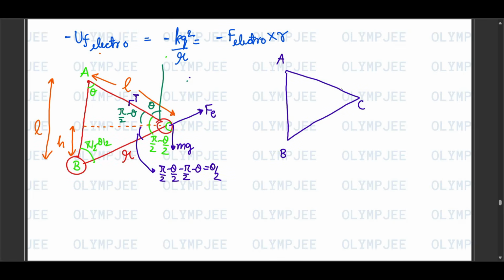Let me mark the things that we know. This is H. This can be written as theta, so this is L, and this is L cos theta. This is R. This is theta by 2. And the force triangle is something like this.